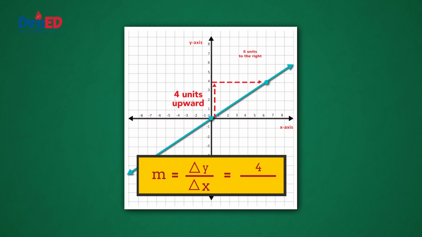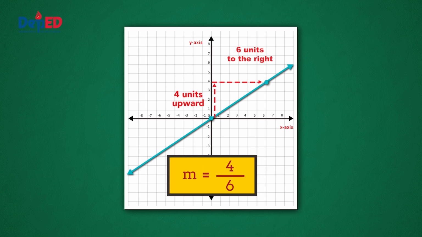We will count 6 units to the right, meaning the run or the horizontal change is positive 6. Now, we have the slope m equal to the rise, positive 4, over the run, positive 6. And this can further be simplified as 2/3.